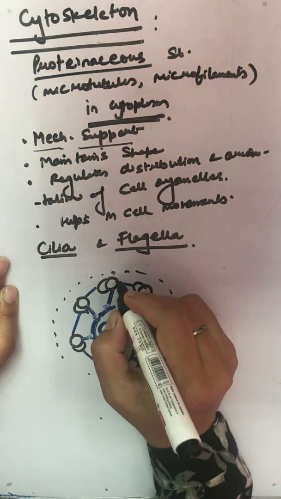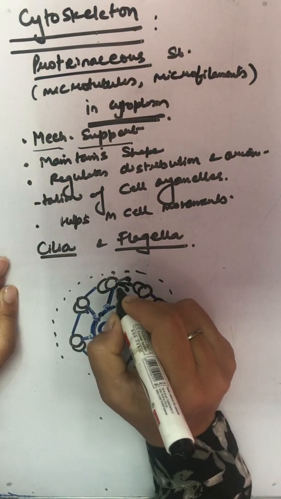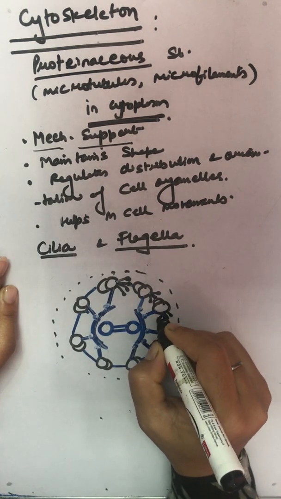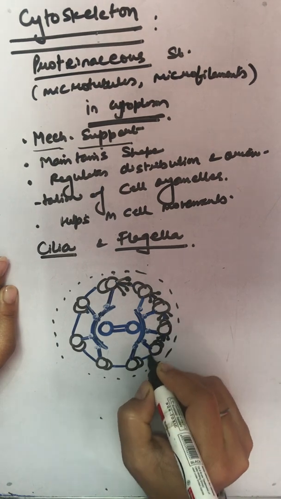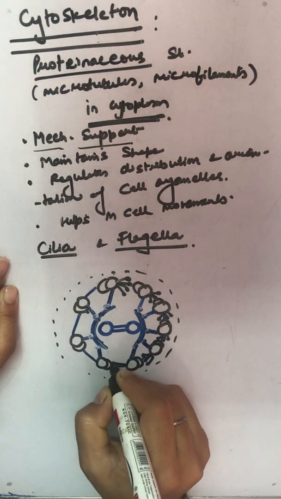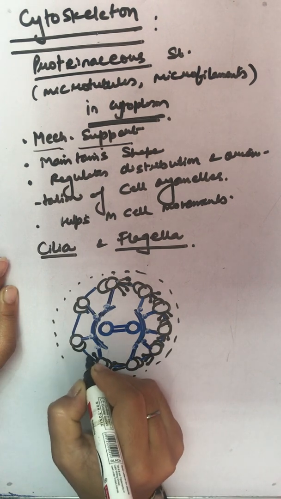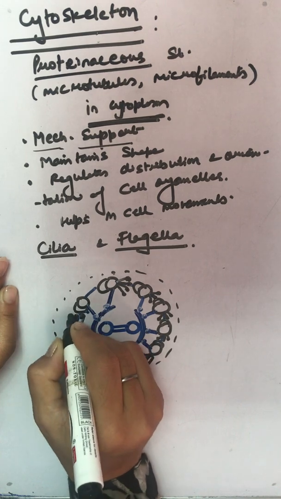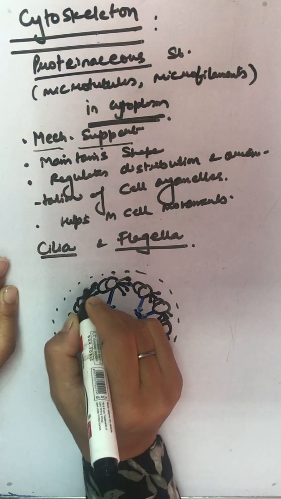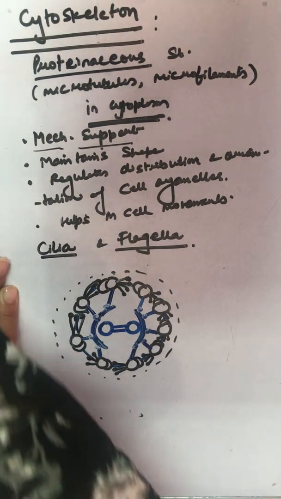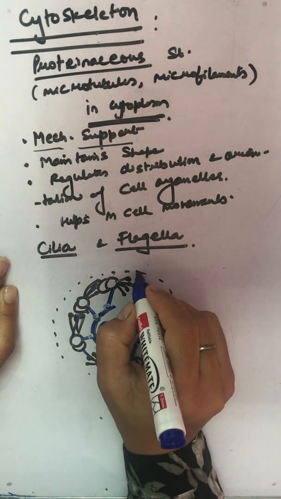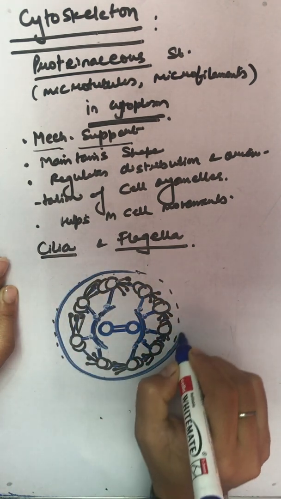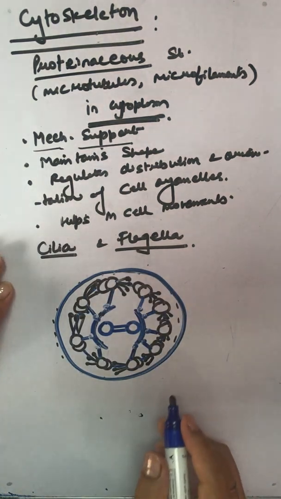And there are small spokes connecting all the peripheral microtubules to each other. Let's make it circular in appearance.